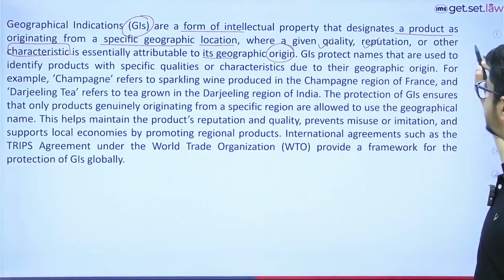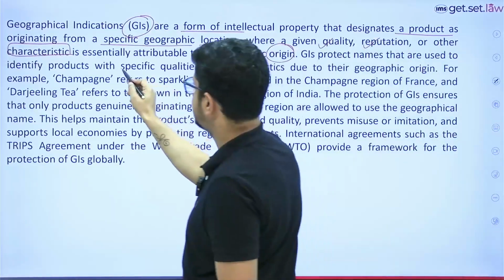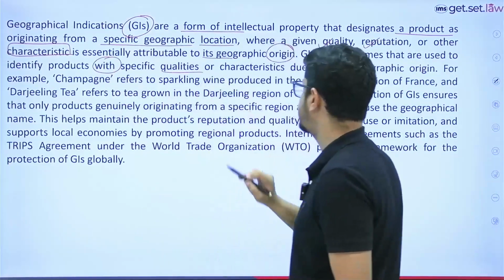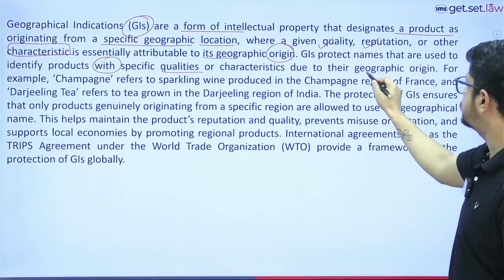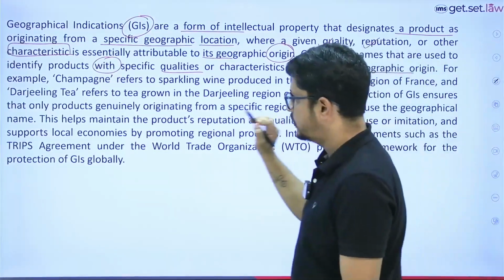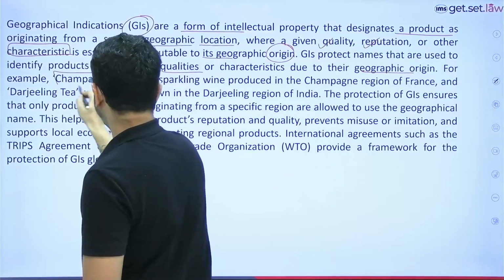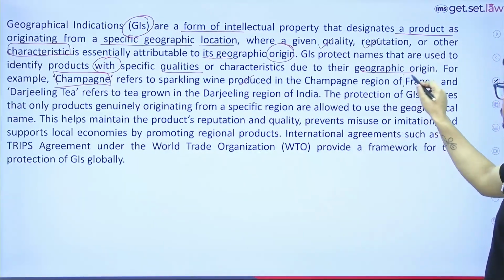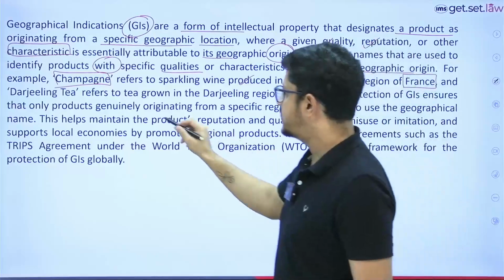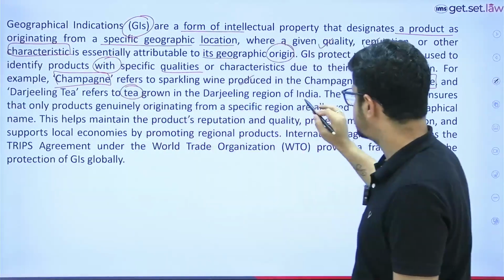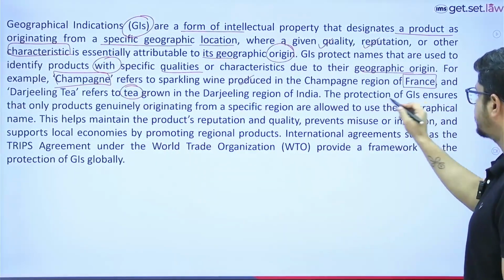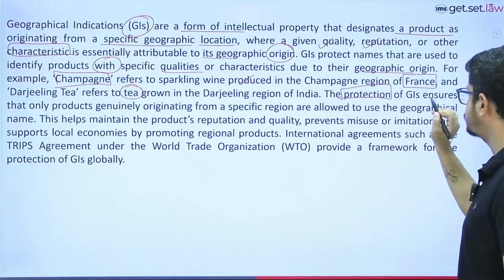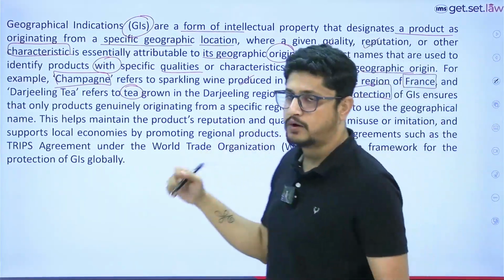GIs protect names that are used to identify products with specific qualities or characteristics due to their geographic origin. For example, they say Champagne refers to sparkling wine produced in the Champagne region of France. Darjeeling tea refers to the tea grown in the Darjeeling region. Now they talk about these GIs being protected to ensure, what's the objective?